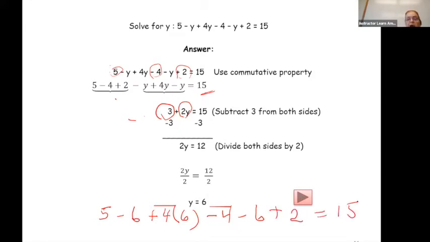And remember your order of operations, so you have to do the 4 times 6 first, because that's the multiplication. That gives you 24, and then you just add from right to left. And you wind up with the answer that one side 15 equals the other 15.